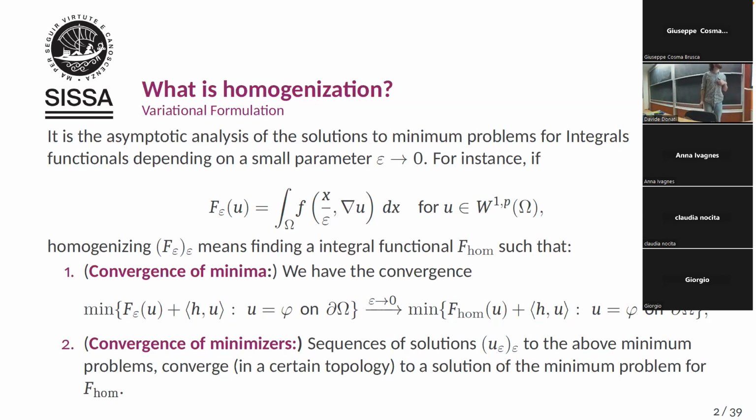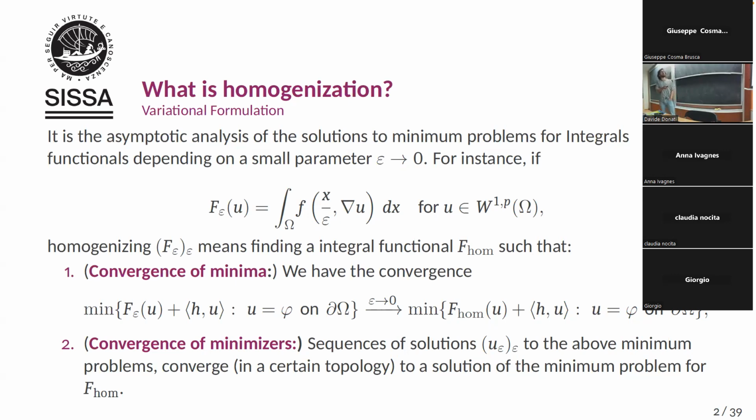Here we have a fixed function f, and the dependence on epsilon is given by this small parameter epsilon in the spatial variable of f, and this functional will be defined on functions u which are in the Sobolev space W^{1,p}.